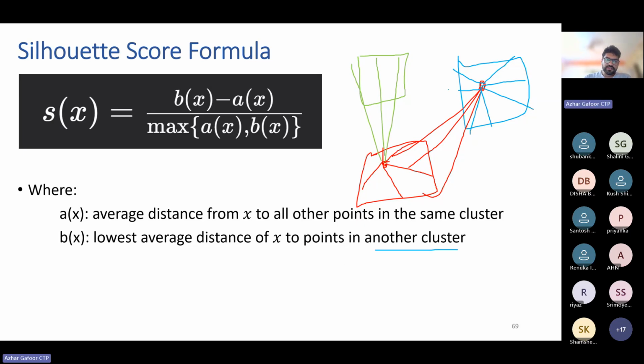So in this case, B is smaller and A is bigger. In the numerator, we will have a negative number, and the maximum is A. So we'll have a negative number as the silhouette score, which makes it a bad classification.